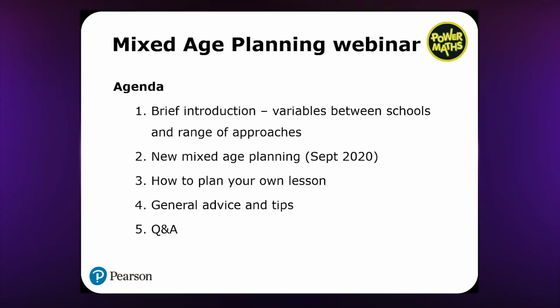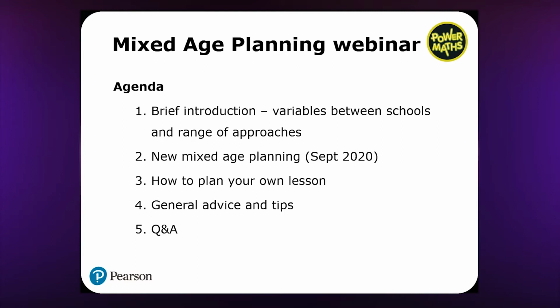I think there's clearly a challenge that mixed age teachers always face, and I think the teaching for mastery journey that schools have been on and keeping the whole class together, that then raises some interesting new questions for mixed age teaching. And then I guess there's that extra layer, which is, what about if you're using a mastery textbook program?